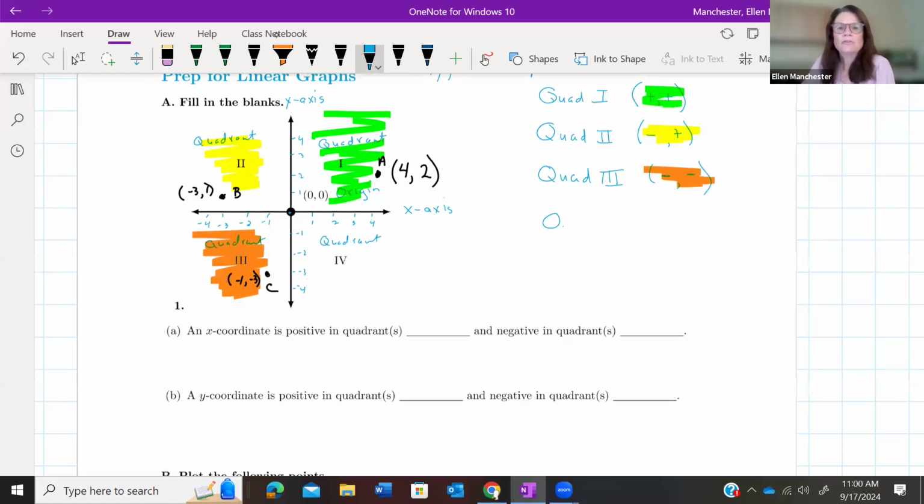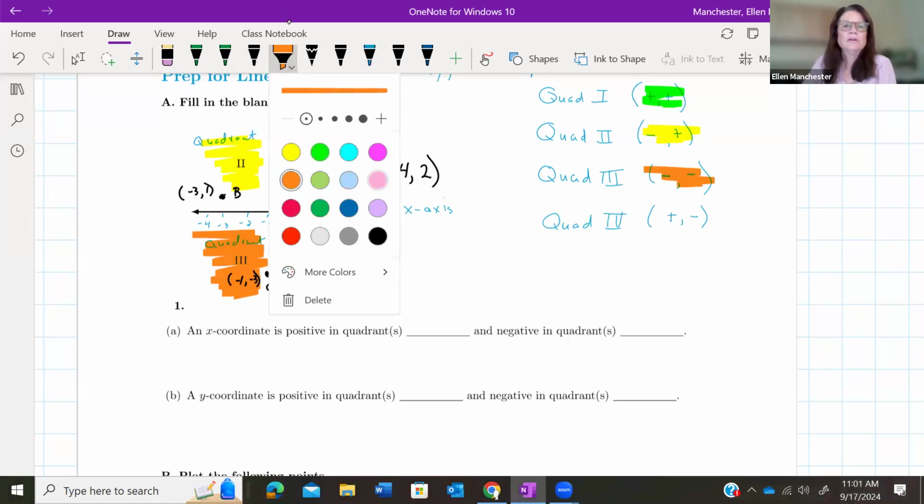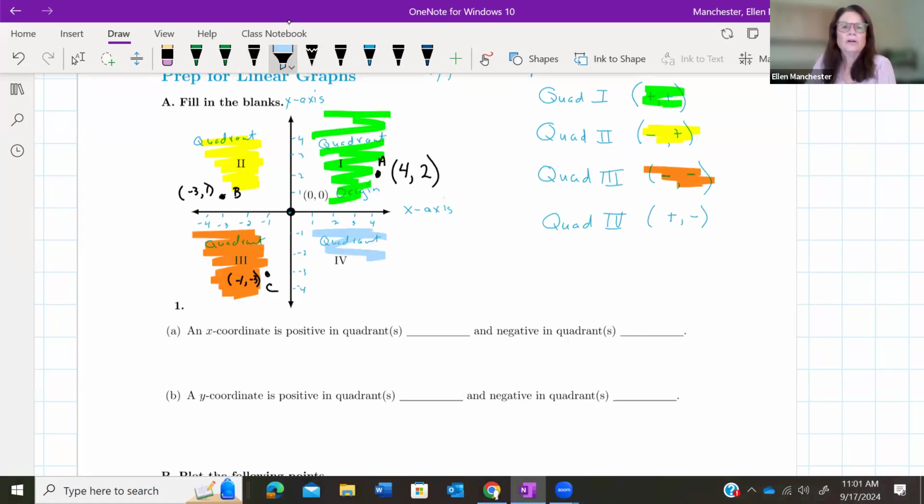All right, and then quadrant 4. What would be the x values and y values? Positive, negative, good. So quadrant 4 is all in here.